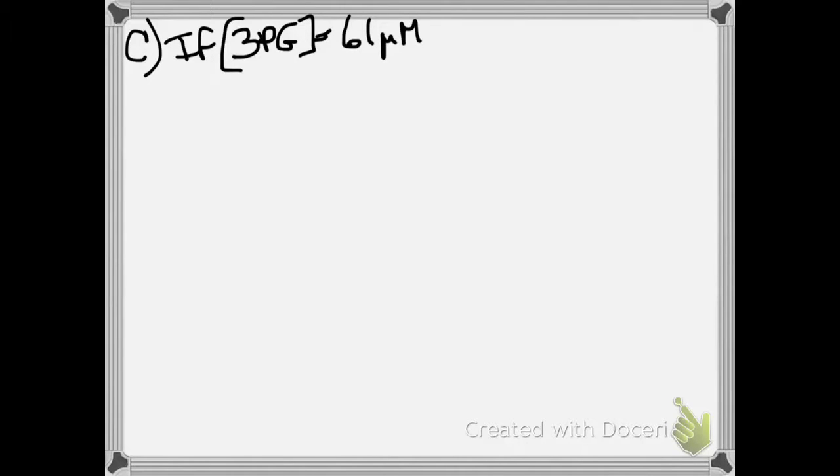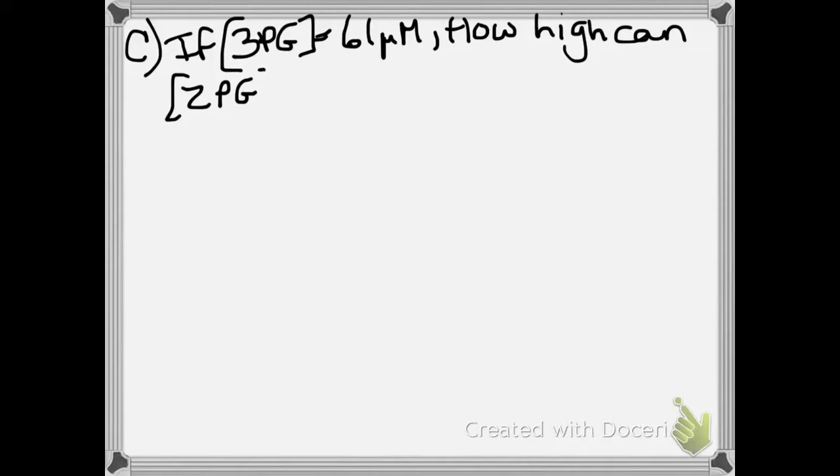The final part of this question, part C, asks if the concentration of 3 PG is held at 61 micromolar, how high can the concentration of 2 PG get before the reaction ceases?